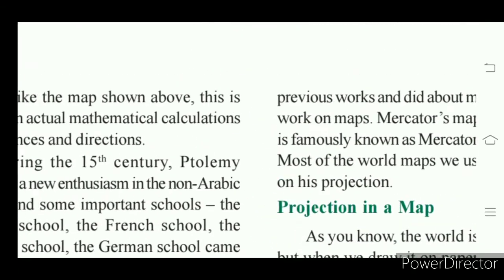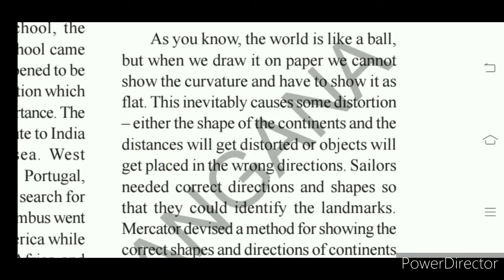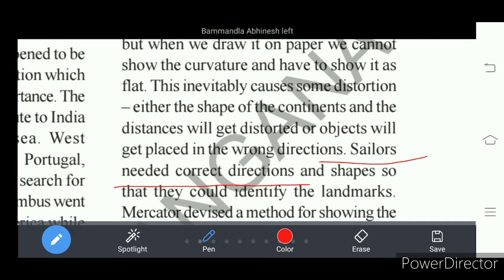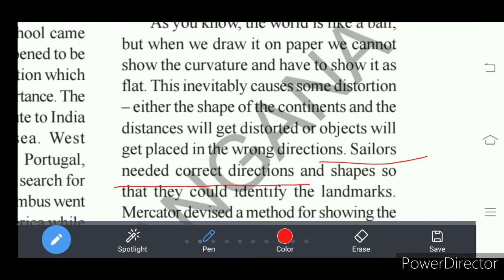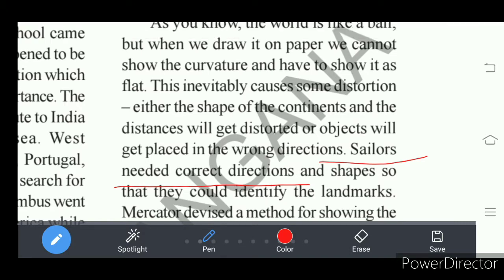Understand? Look here. Sailors, when they travel on the ocean, need maps showing the correct directions and shapes. Why is it required to show the correct shape?